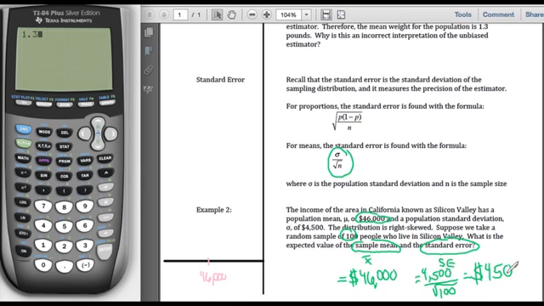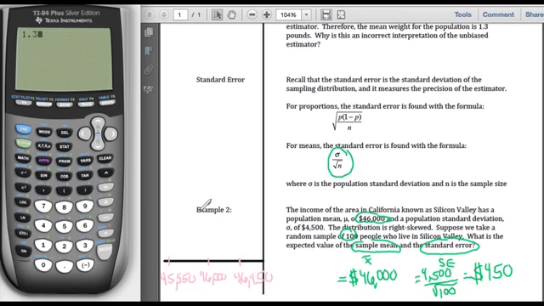It's not that far away. Typical sample should be within $450 of $46,000. So I could add $450, so it could be $46,450. I could subtract $450, it would be $45,550.